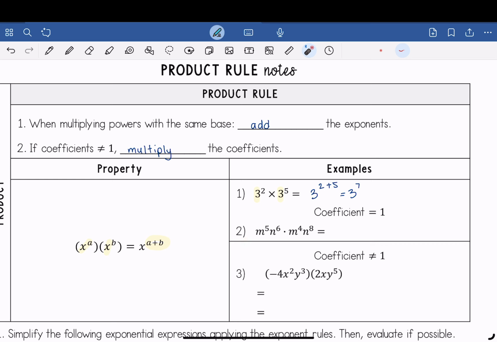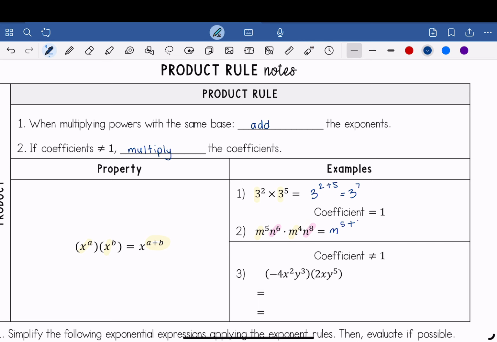We have m and n, and m and n. So we have two different bases, variables. So we're going to highlight here so that you can see them more easily. So m, and then n to the power of 6, n to the power of 8. So we will write m as the first variable, and then look at the exponent 5 plus the exponent here, which is 4.